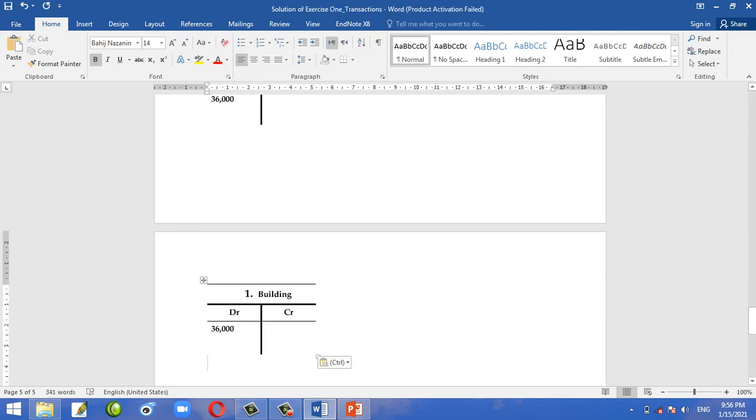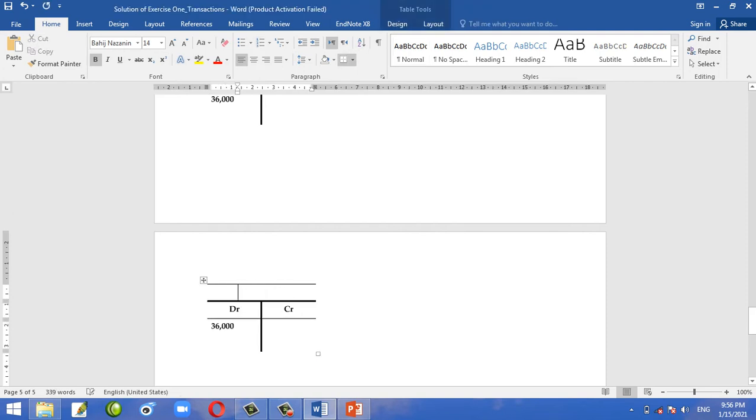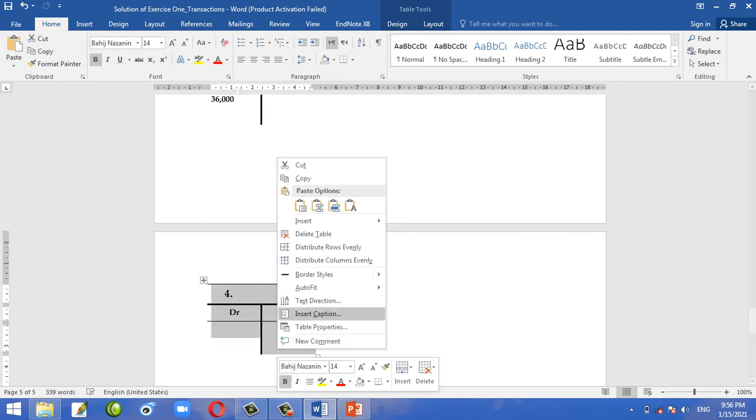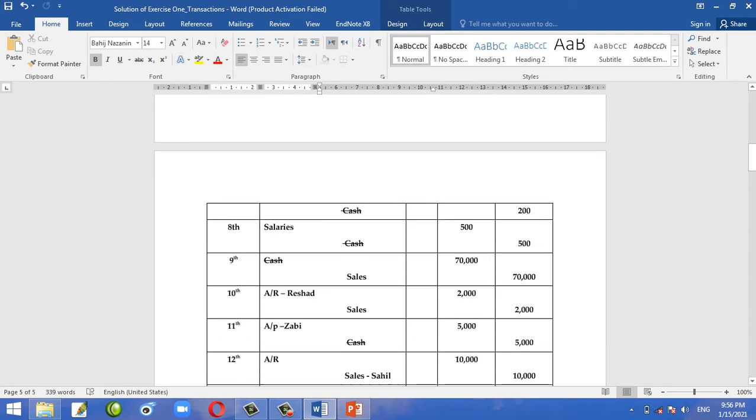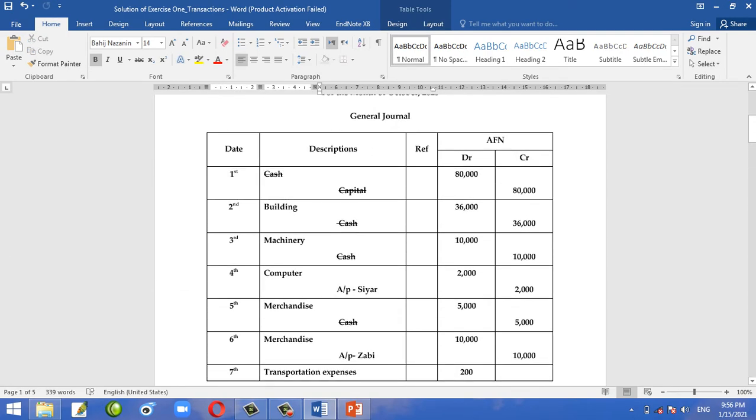The next one, the fourth one, is what? The fourth one is machinery. You can also remove this one.